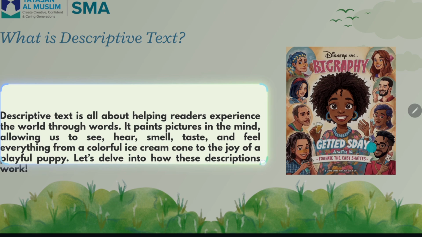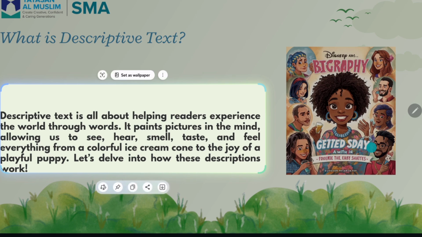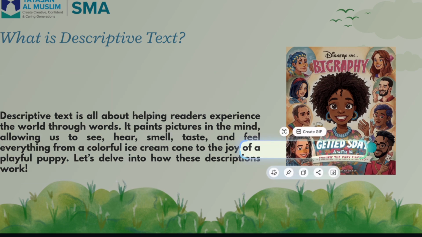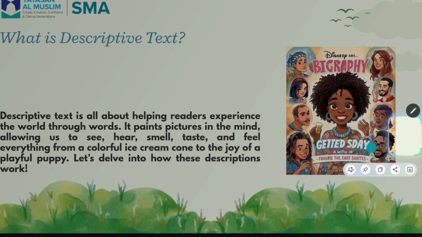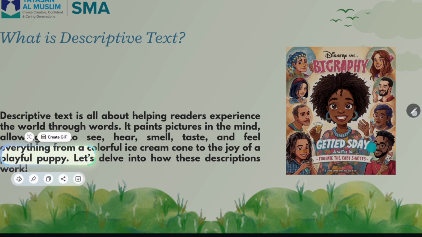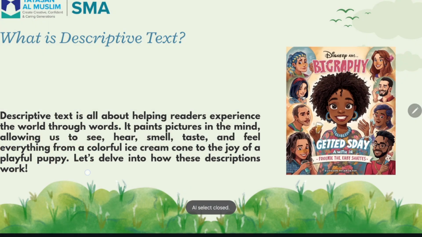Let's delve into how this description works. So, based on this information, we can conclude that descriptive text is a text that describes a subject. Okay, we continue with the next one. This is what we call descriptive text itself.